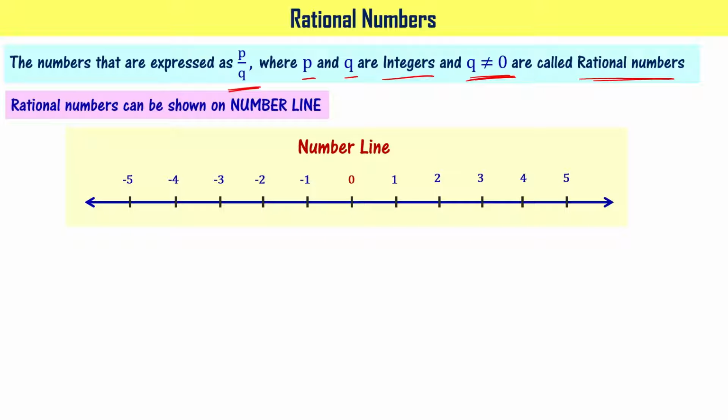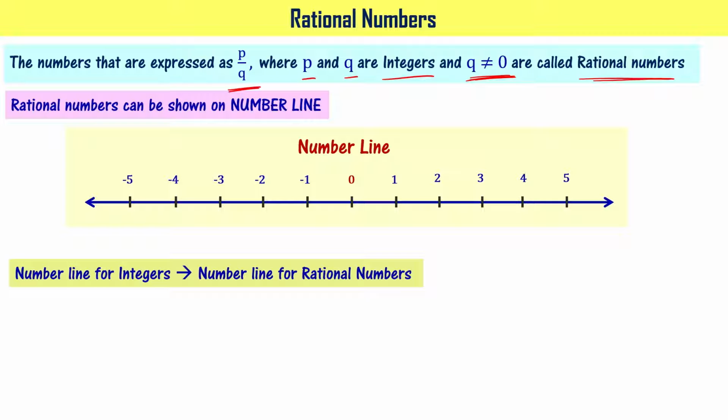Rational numbers can also be shown on the number line. As you see here, this is the number line written for rational numbers, but it is looking similar to the one we have drawn for integers, right? The number line for integers is same as the number line for rational numbers. The reason is that integers are rational numbers. You can say that every integer is a rational number.